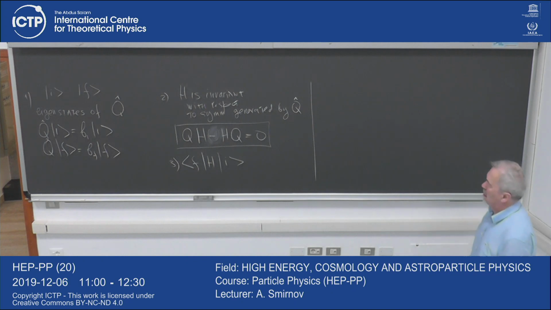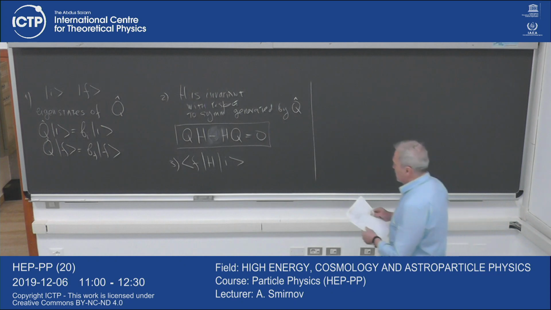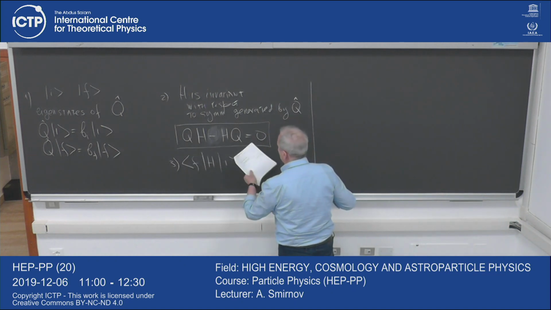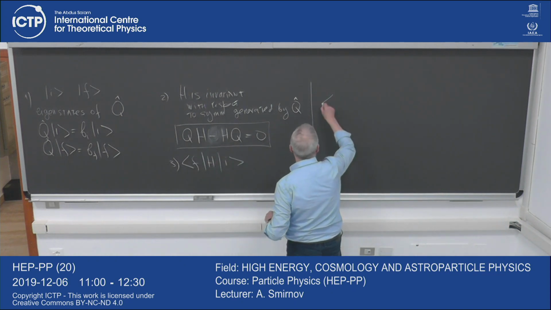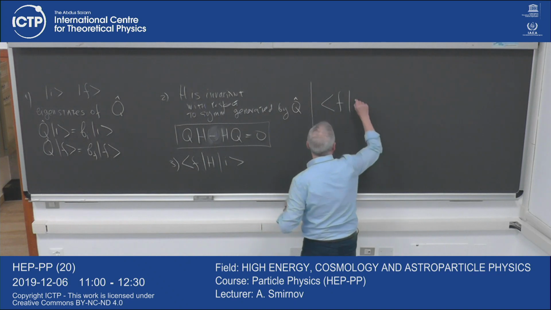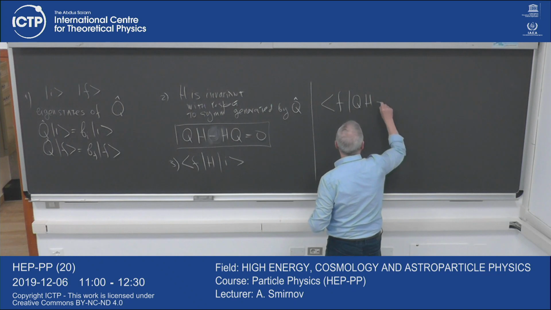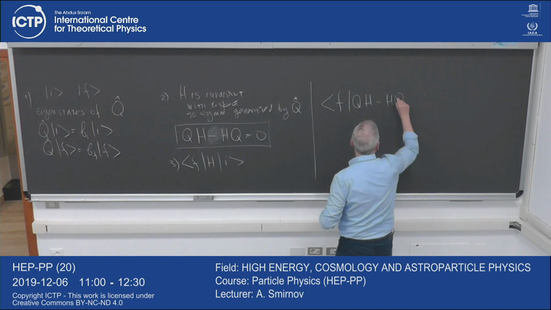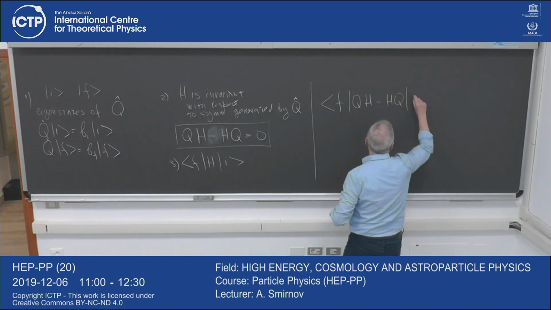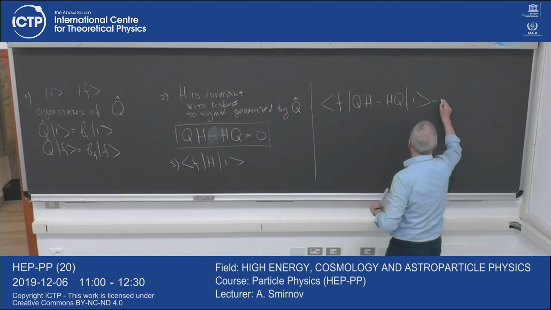So I is transformed to F. What we are doing, we take this equality between the states F and I, of QH minus HQ, which is 0.